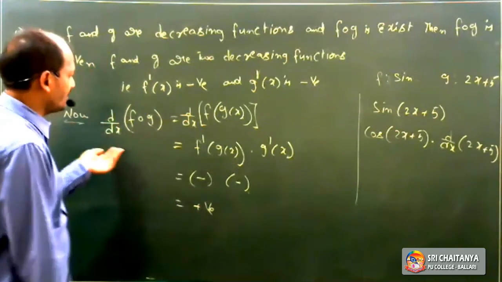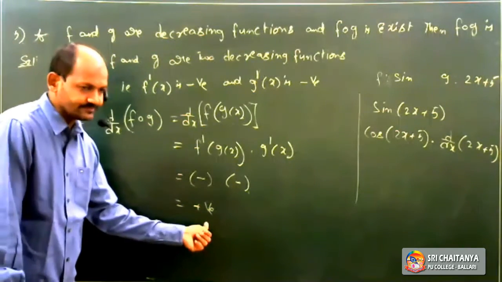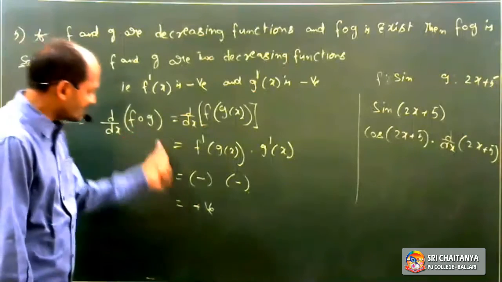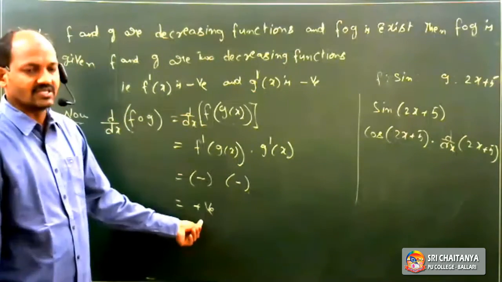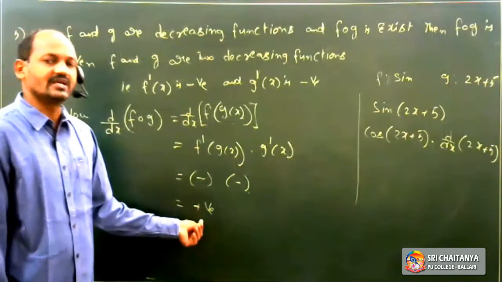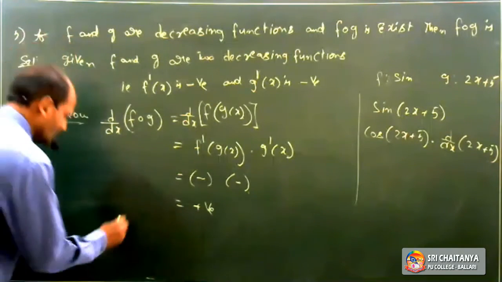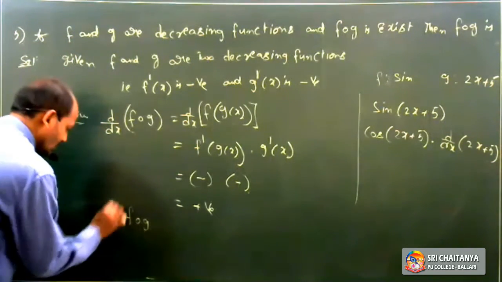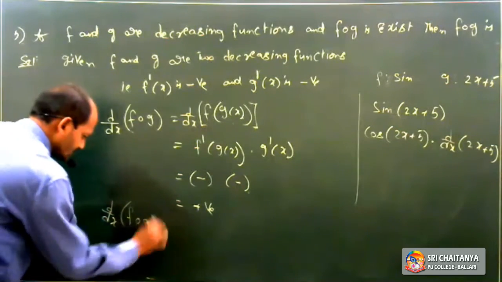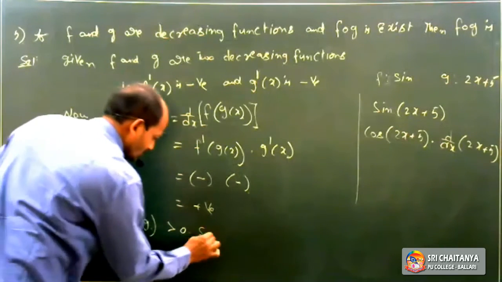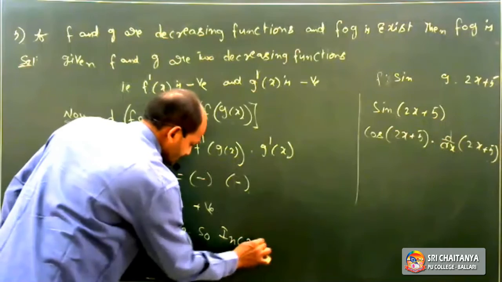That means the derivative of f circle g is positive, greater than 0, that means increasing.